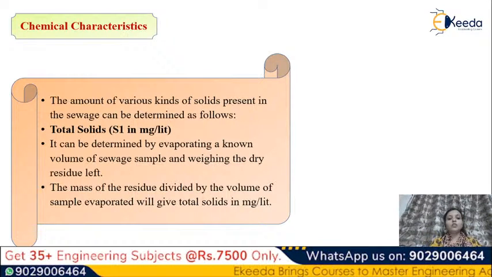The mass of the residue is divided by the volume of sample. Suppose the mass of the residue is 2 gram, divided by the volume of sample, 100 ml. This will give the total solids in milligram per liter of water sample.